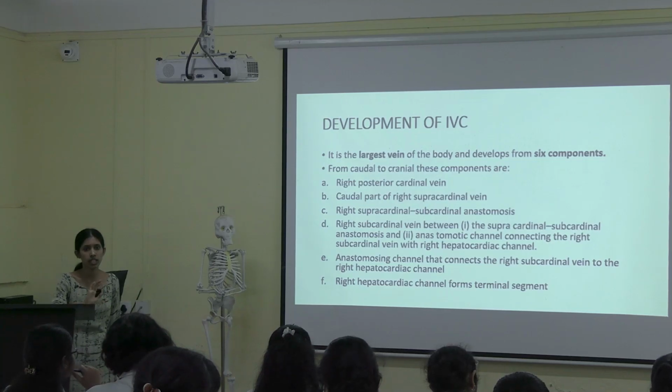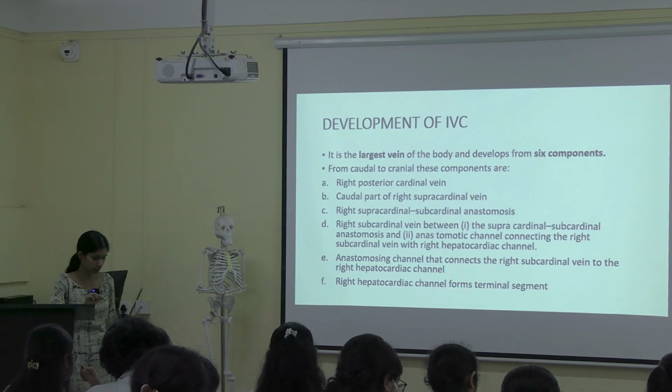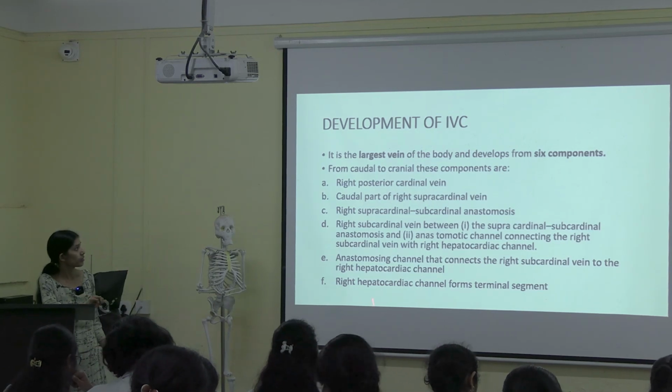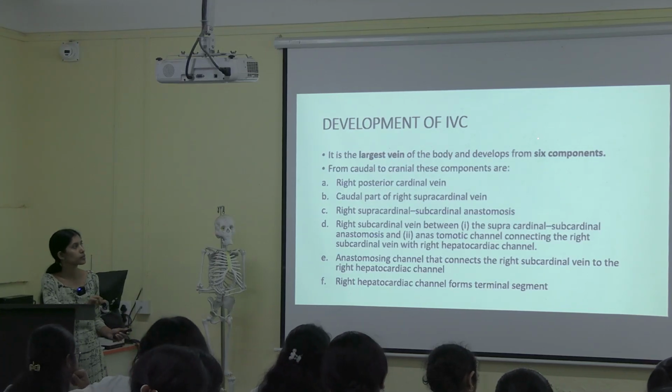Okay, in this class we are only discussing the development of inferior vena cava and superior vena cava. Your inferior vena cava is the largest vein of the body that develops from 6 different components.